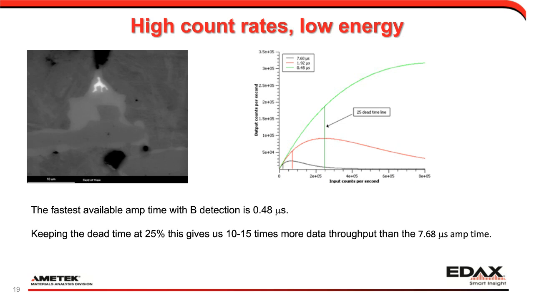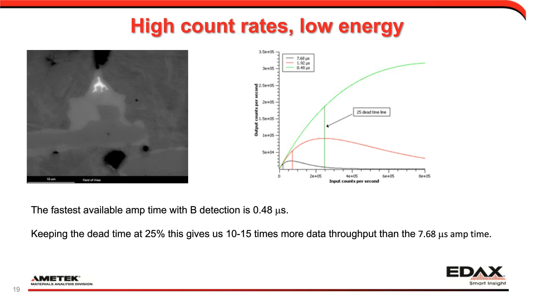Here I show the theoretical throughput curves for boron, for the different amp times. And I have added a line in here for each of them showing the 25% dead time. Normally the recommendation is if you want to detect light elements, you want a slow amp time to integrate out all the noise.